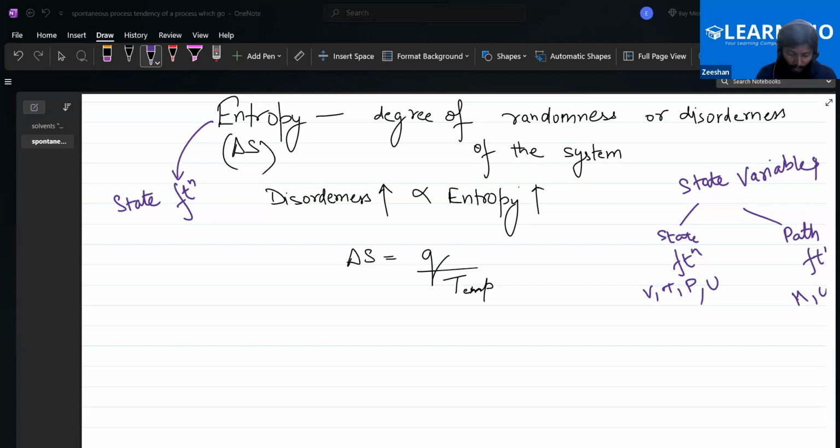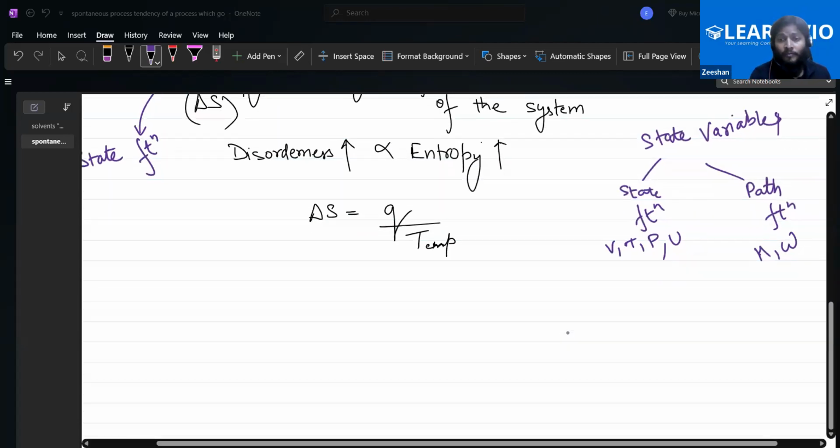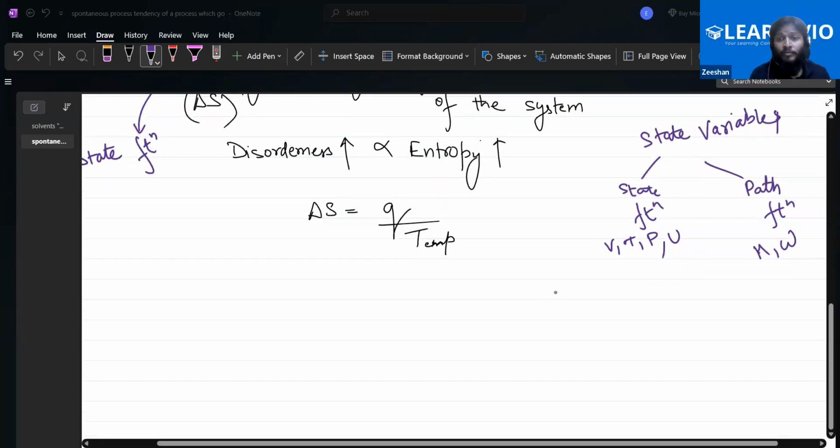One thing more: extensive function and intensive function. Anybody remember? You learned this in the first class. Extensive property, intensive property.